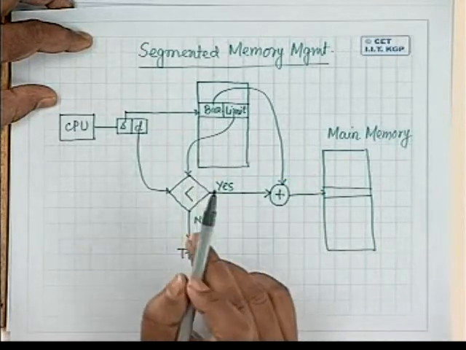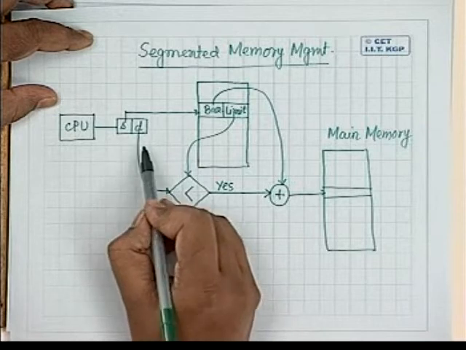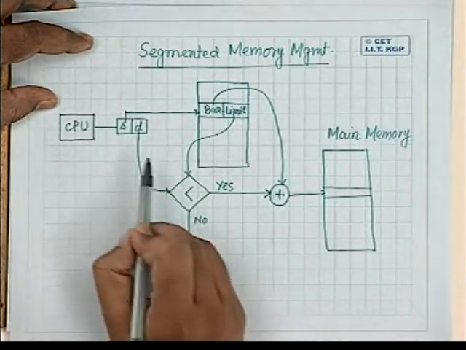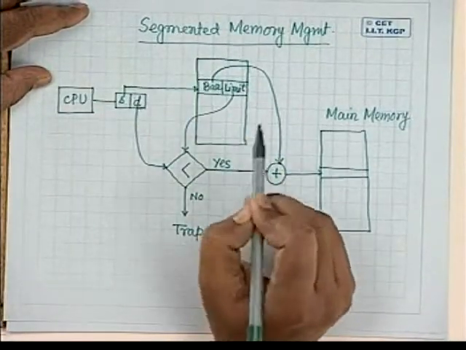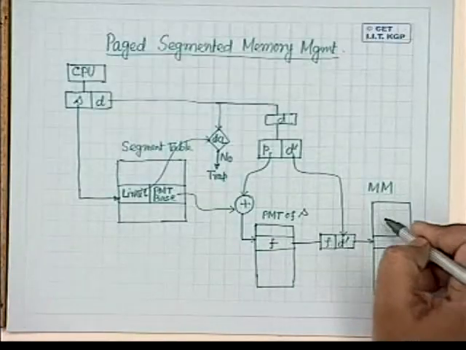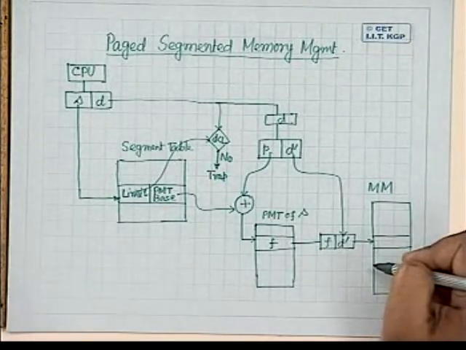But if the page size is say 10 kilobytes, then this 40 kilobyte segment will be divided into 4 pages. So now when I exploit the advantage of paged memory management over this segmentation, what I need is 4 different frames to be available in the main memory. The frames need not be contiguous. They may be scattered anywhere within the main memory.